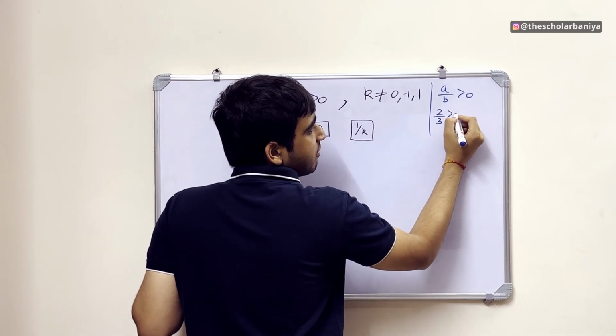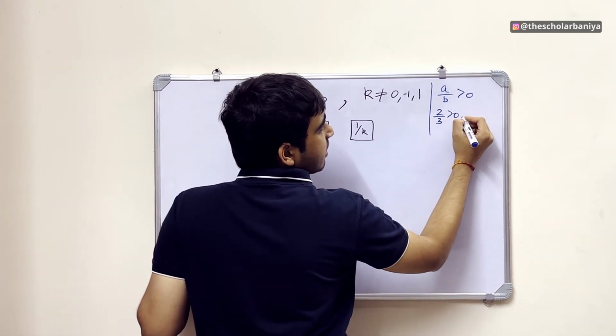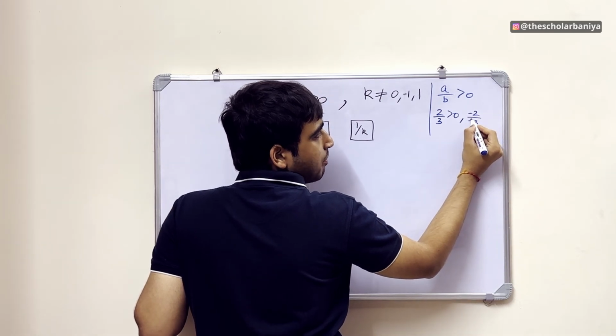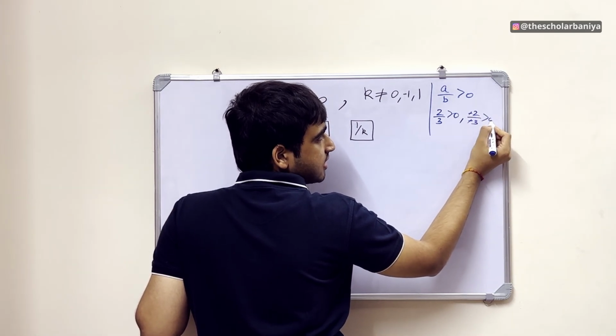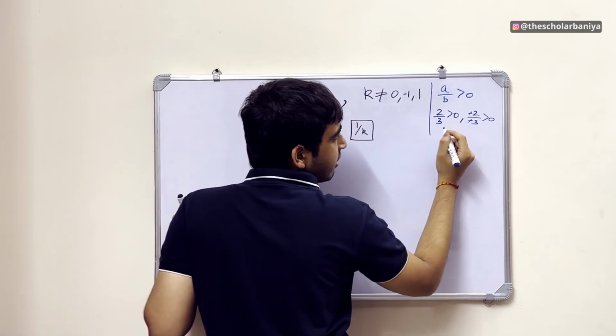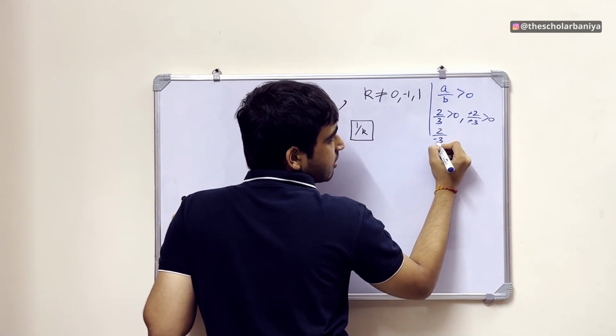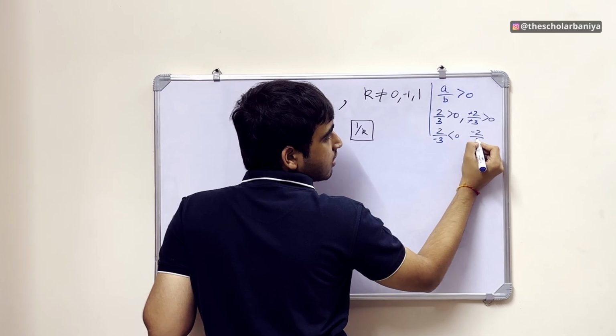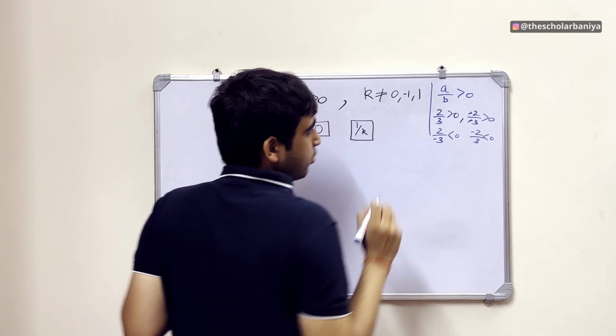So 2 by 3 is definitely greater than 0, that is fine. If these two numbers are negative, minus 2 upon minus 3, then the minus minus sign cancels, this is still greater than 0, right? But if any one number is negative, like minus 2 by 3, or 2 by minus 3, the result is negative.